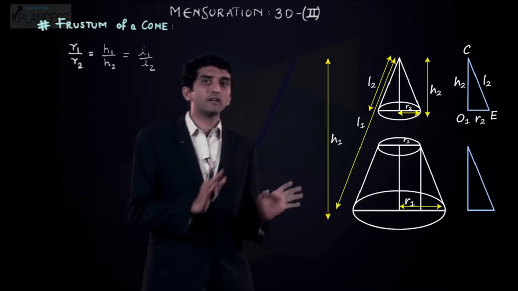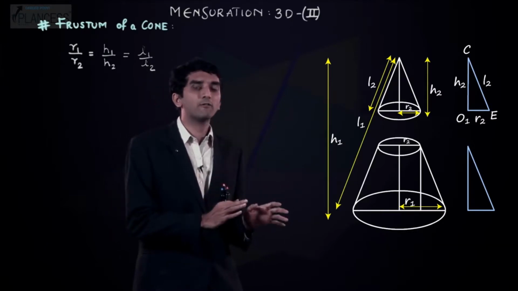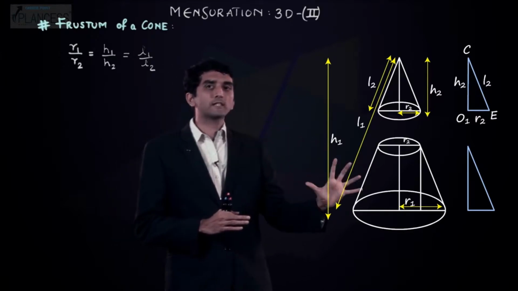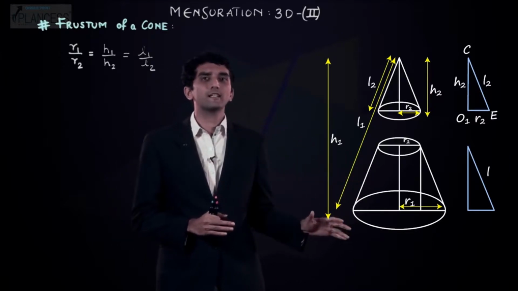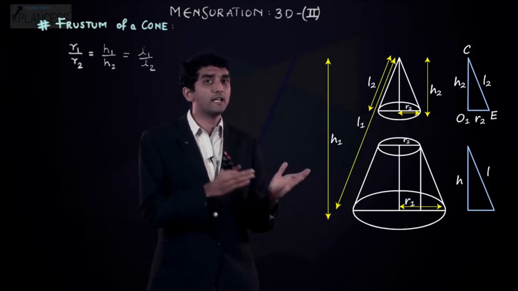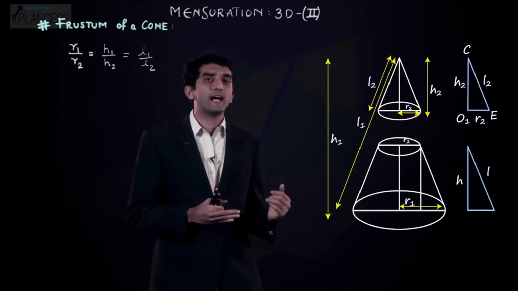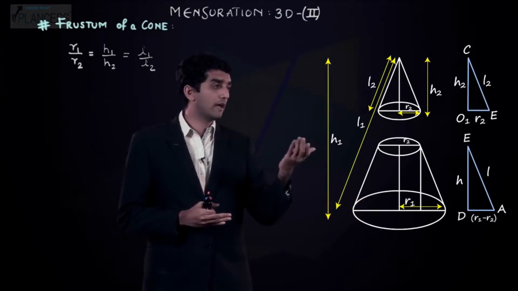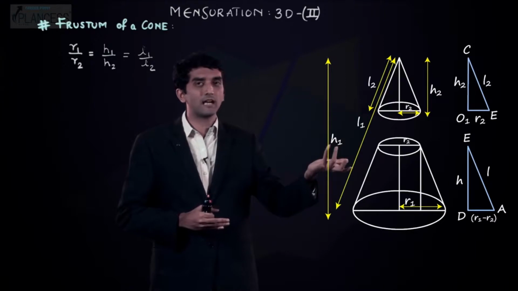Now, after understanding this, we have to get into the frustum, right? So the frustum, let's say, has a slant height L. Let's say it has a vertical height H, and let's say it has the base radius. Naturally the base radius is R1 and the top radius is R2, right?